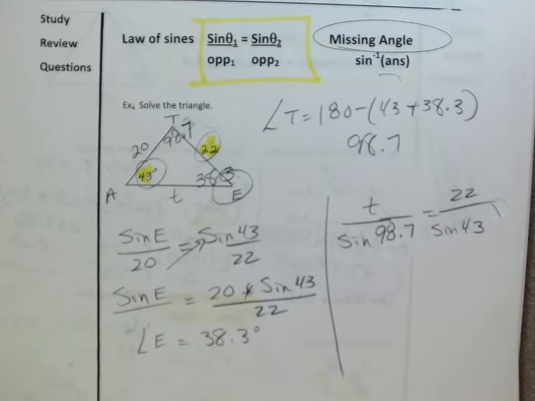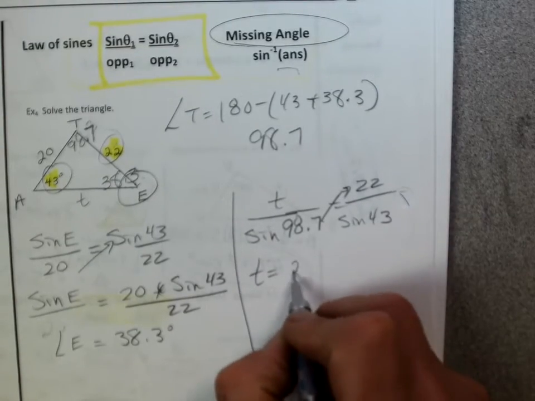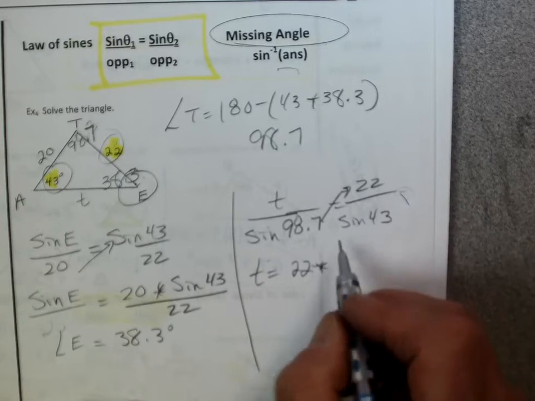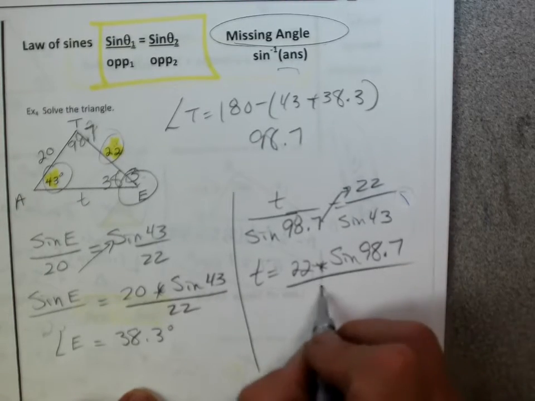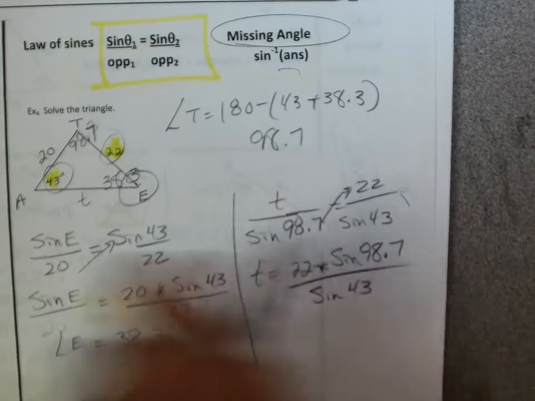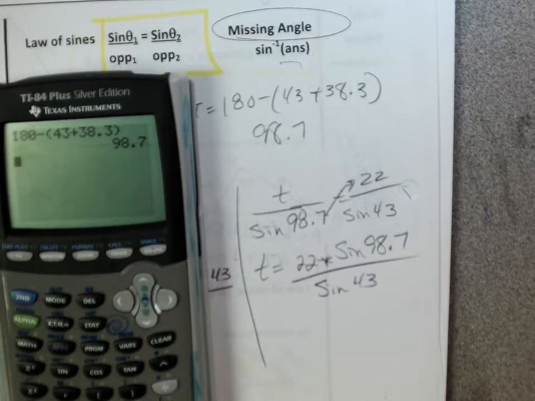I just have to cross multiply, and I'm almost done, right? Little t equals 22 times the sine of 98.7 over the sine of 43. And I just need to use my calculator. I don't need the sine inverse because I don't need an angle.